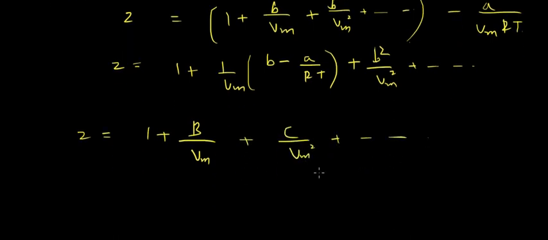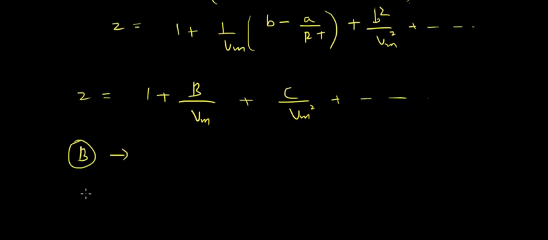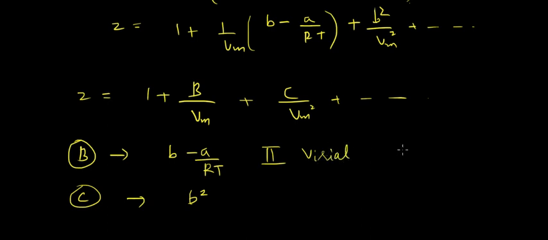So B and C are nothing but virial coefficients, where B would be b minus a upon RT, and C would be b square. This is the second virial coefficient, and this is the third virial coefficient.